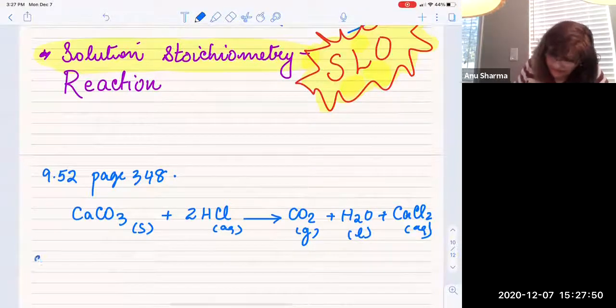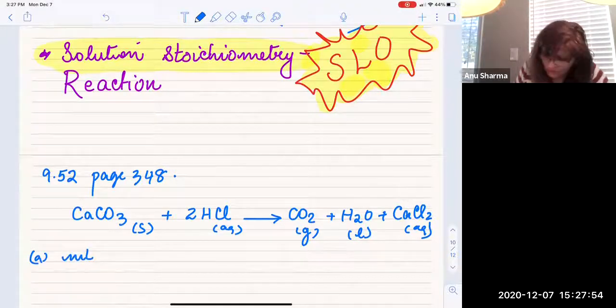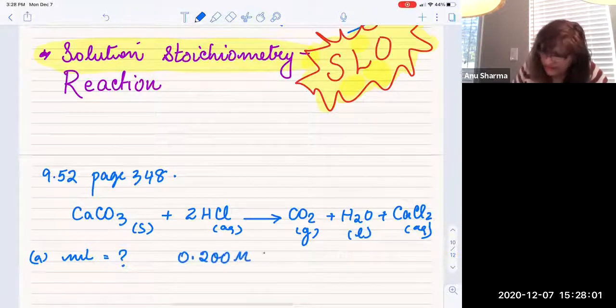Question here is part A. Find the volume of 0.200 M HCl solution that will react with 8.25 grams of calcium carbonate.